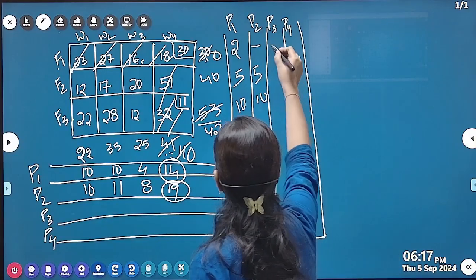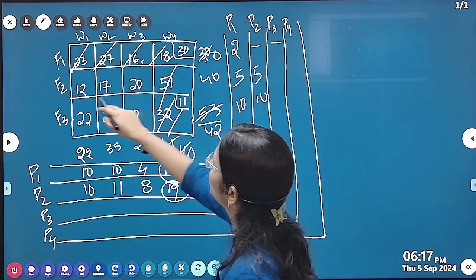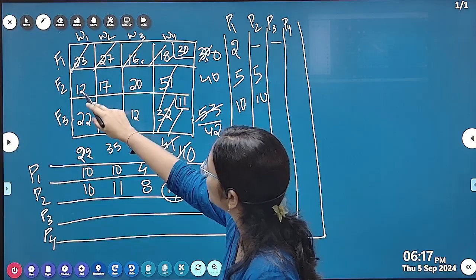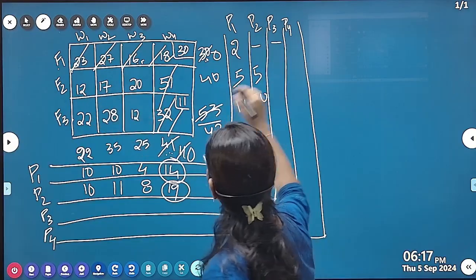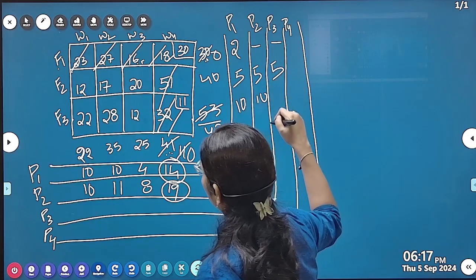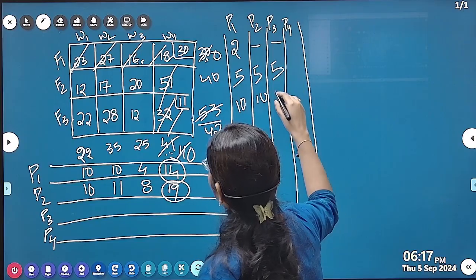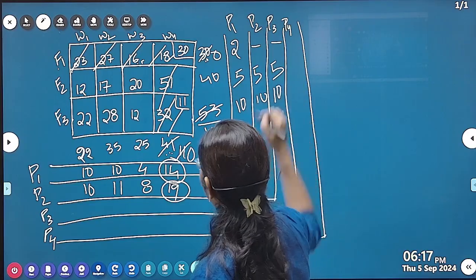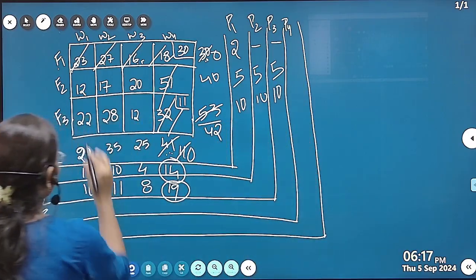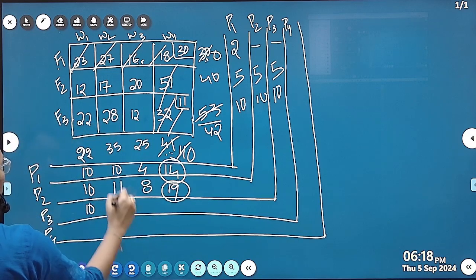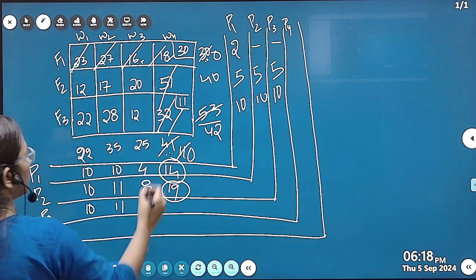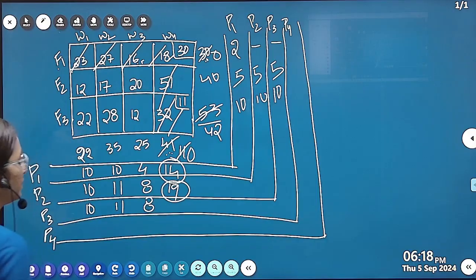So next P3, next tell me 12 minus, this is the least number, right? 12 minus 17, it's 5 again. So next 12 minus 22, it's 10. So next 22 minus 12, 10. Here 11, here 8. So which one is the higher number among the rows and columns of P3? 11.